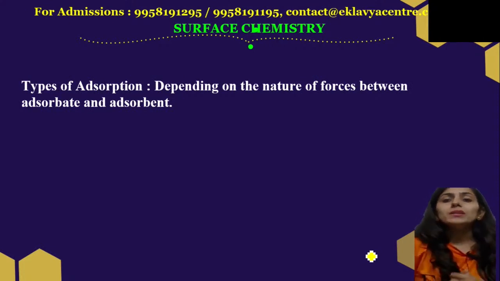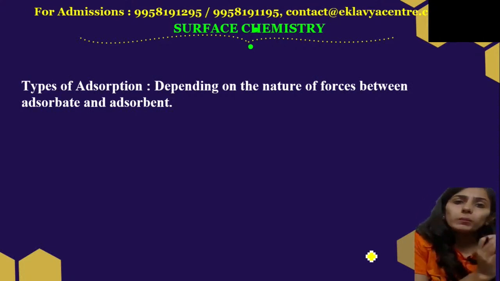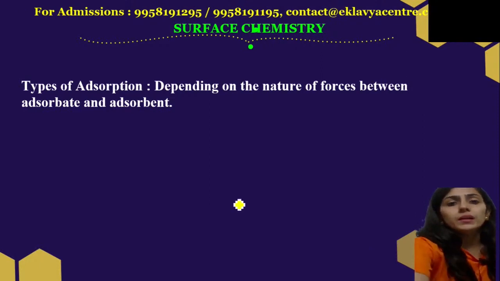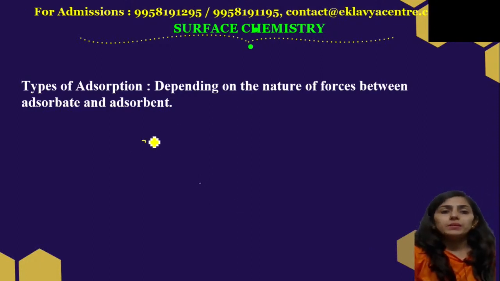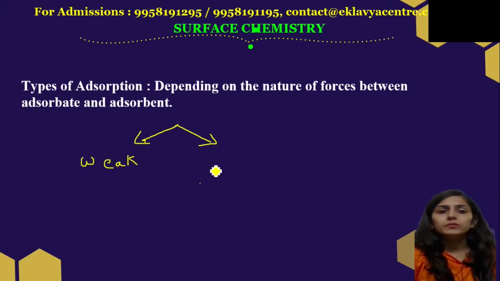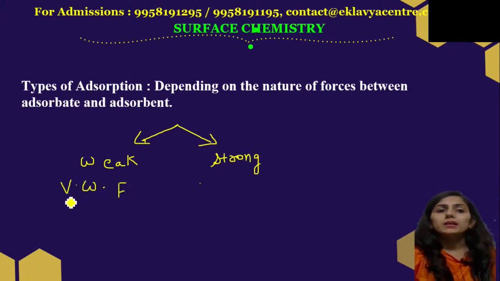Now next, what are the types of adsorption that we have to study? It depends on the nature of the forces between adsorbate and adsorbent. We have two types of forces to study: the forces can be weak and the forces can be strong. When weak forces such as van der Waals forces exist, the type of adsorption is called physisorption.